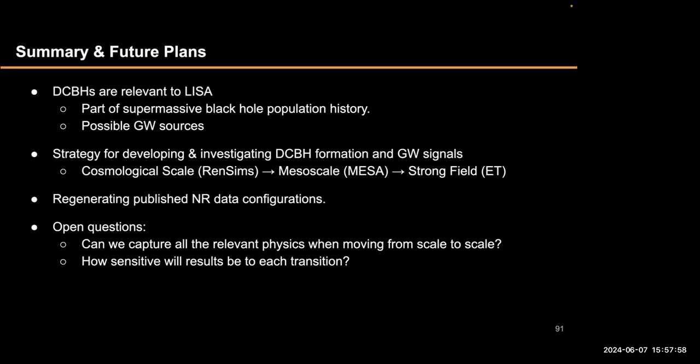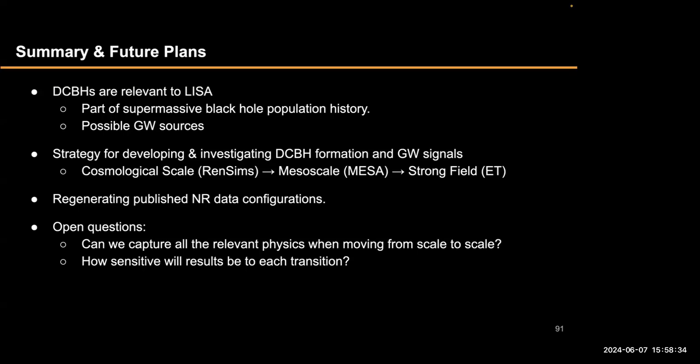So one of the things that we might do in the future, for example, is to use a code like NRPy Elliptic. Once we transfer data from the mesoscale to the strong field and we construct a metric from that Newtonian data, most likely that solution will not be fully relaxed yet, meaning that it probably will have constraint violating regions just because the transfer was constructed instead of actually being self-consistent.